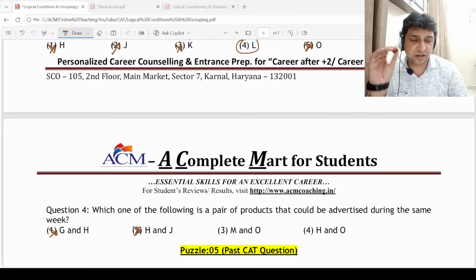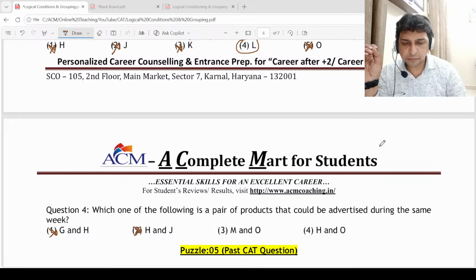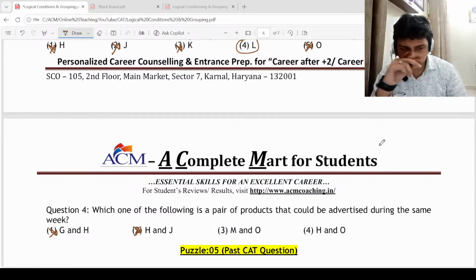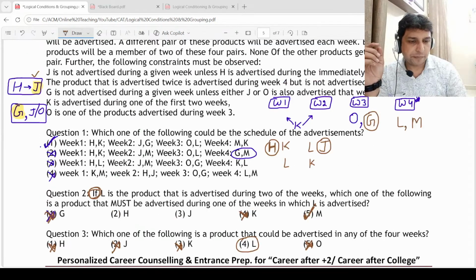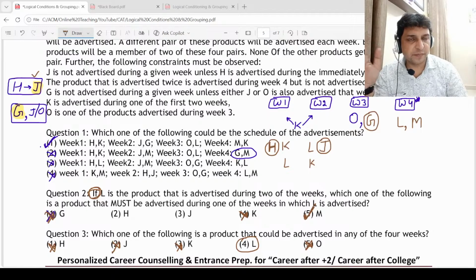If you can answer it, write in the chat. So very simple. M and O and H and O.